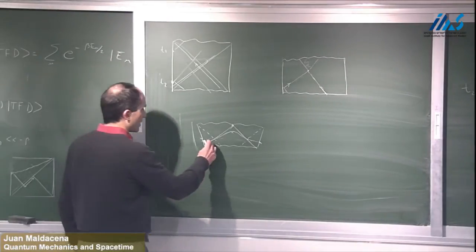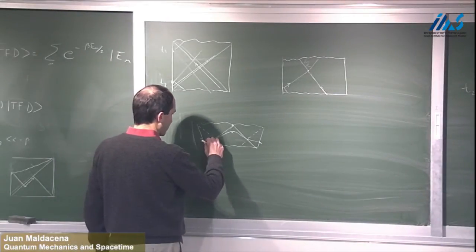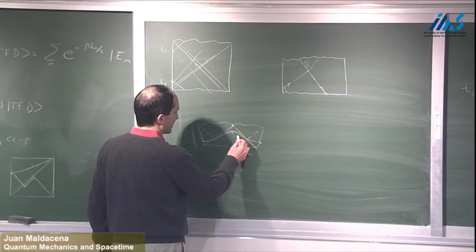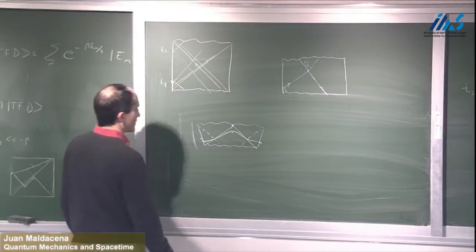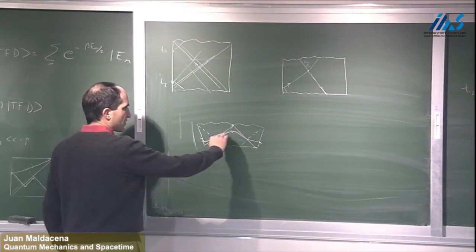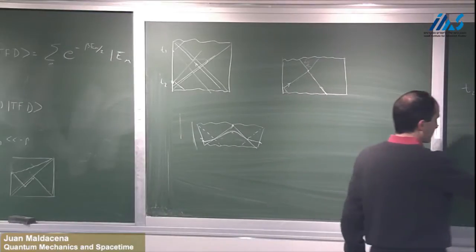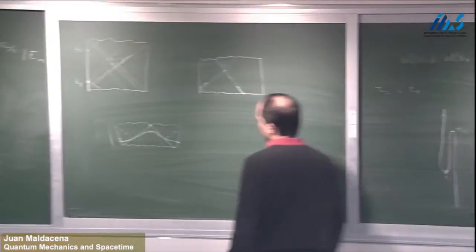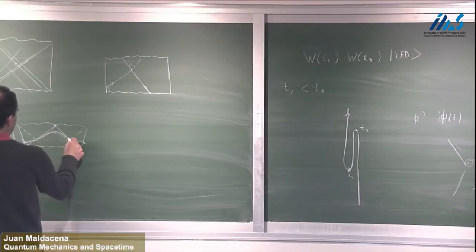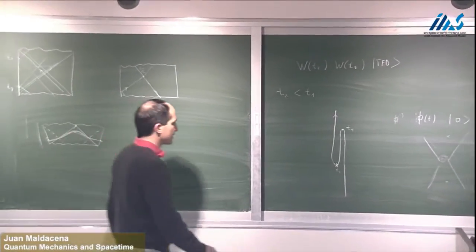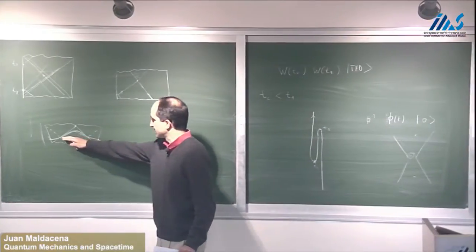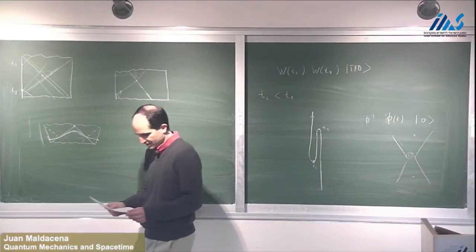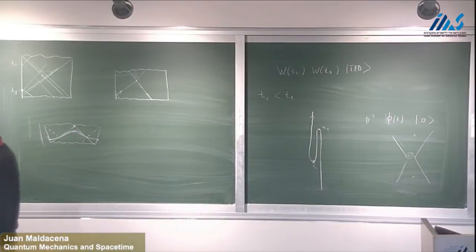It goes in here and hangs near this horizon for a while. This piece going up is similar to this piece going up here. The actual physical length of this region is the difference between these two times. As we make it larger, the physical length of this piece becomes larger. And this was discussed in great detail in these papers.